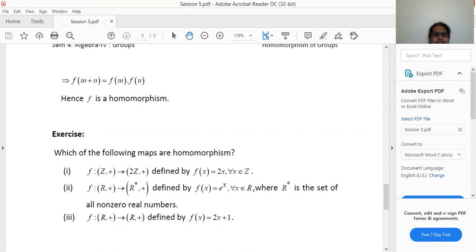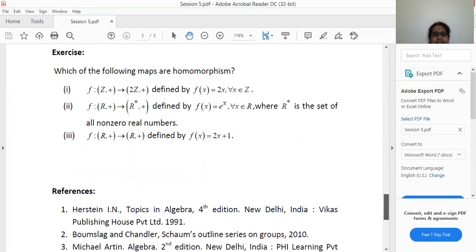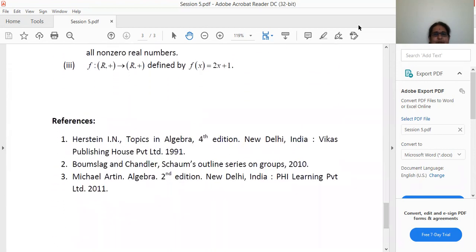But since in the above example it satisfied all three cases, that is when both were even, both were odd, and when one was even and the other odd, we say that f is a homomorphism cumulatively. So here basically we have used the definition of homomorphism. That is what we have to understand regarding homomorphism.